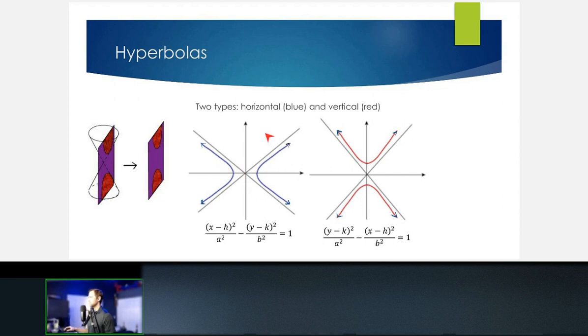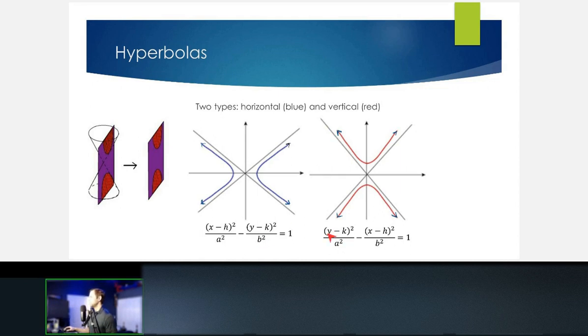So for hyperbolas that are horizontal, your x stuff is first, which kind of makes sense because it opens up left and right, which is parallel to the x-axis. The one that is vertical has the y stuff first, and that opens up and down the y-axis. So take note of that. Horizontal, x stuff first. Vertical, the y stuff is first.